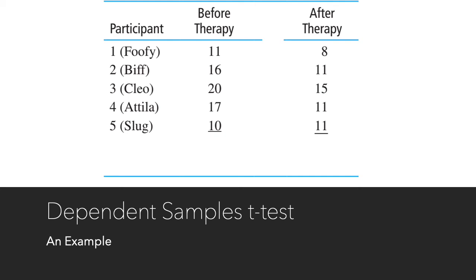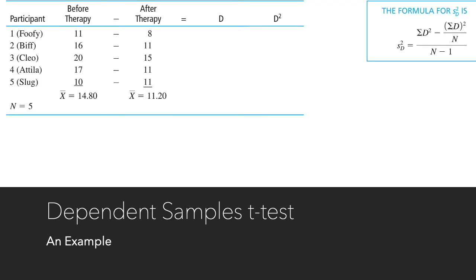I hope you can see this is a repeated measures design because we're measuring Foofy twice, Biff twice, Cleo twice, etc. We're measuring them before the therapy, like they're their own control group, and then we measure the effect of the therapy after they've done it. So Foofy gets measured twice, Slug gets measured twice, etc.